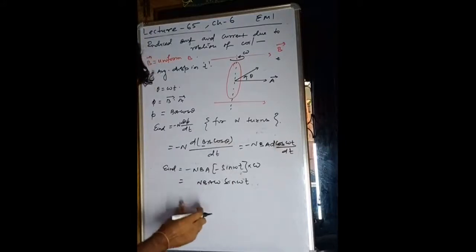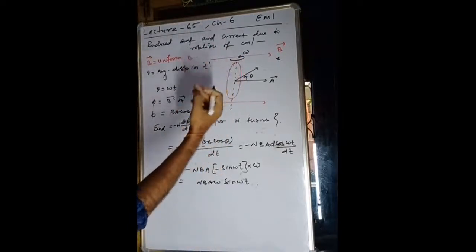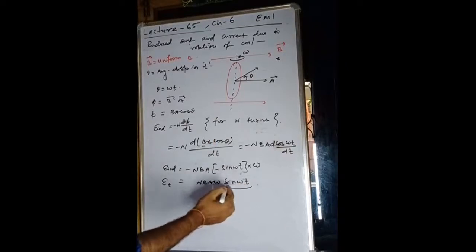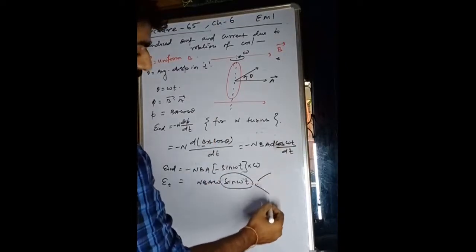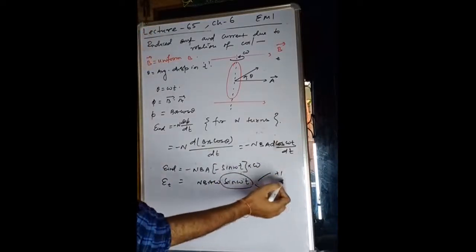And this value is called the instantaneous value. Why? Because as this coil rotates with time, theta will change regularly and this value will change. And this value will change from where to where? Minus 1 to plus 1. It means its peak value is with plus 1.